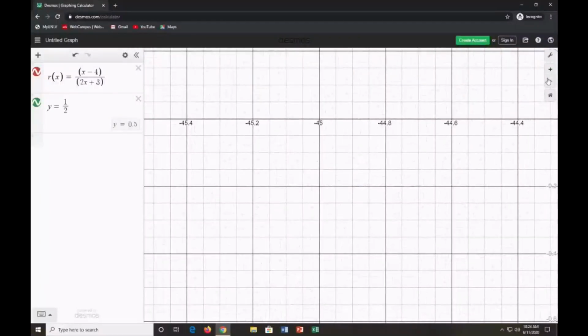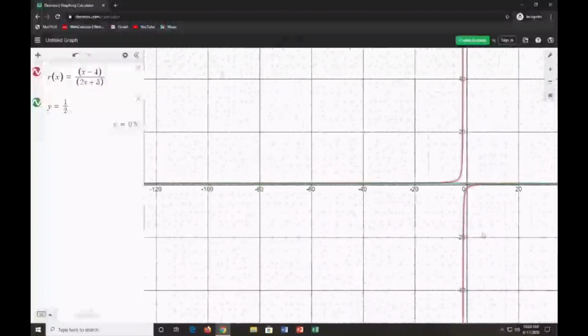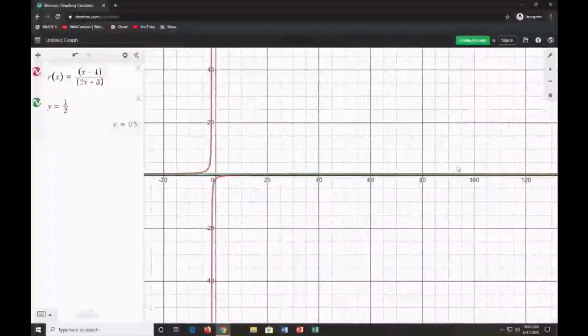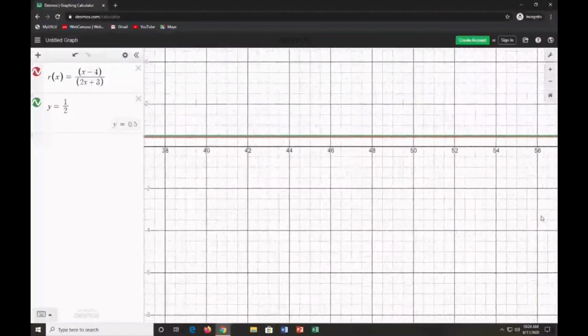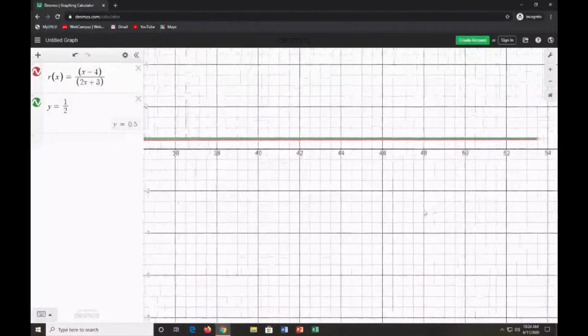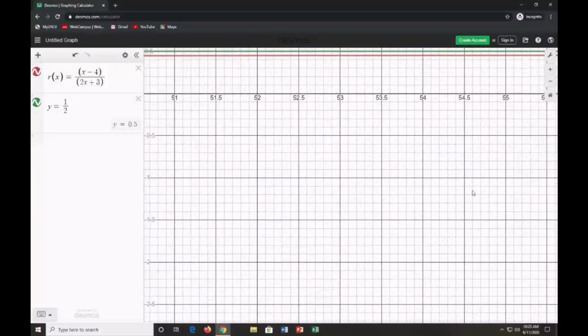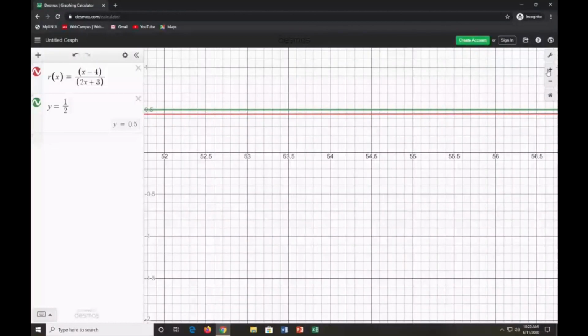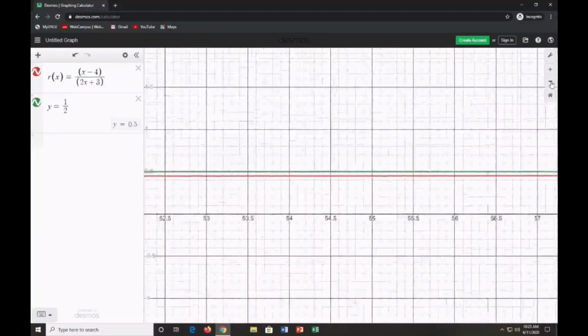So we can zoom out like that, and zoom in on the right side. Take a look. Well, do they cross on this side? Let's see. Let me zoom in. I don't think so. Yep, they do not cross. See, the green and the red line are becoming almost parallel, but they will never touch.